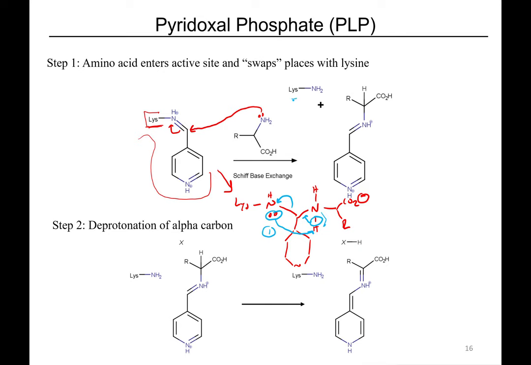And we end up with a lysine with an NH2. We know it's probably NH3 because it'll pick up a proton. But the point is that we've released the lysine, we've broken that covalent bond, and we've ended up with a new Schiff base here between our cofactor and the amino acid that's our substrate.